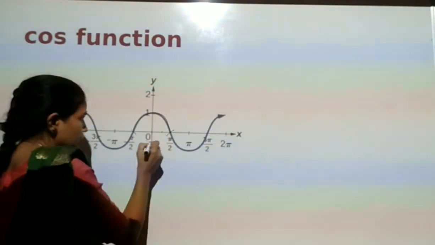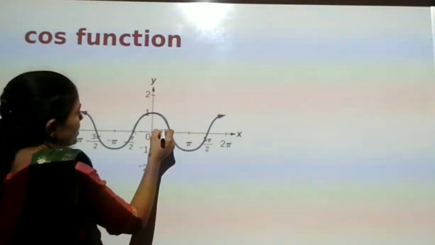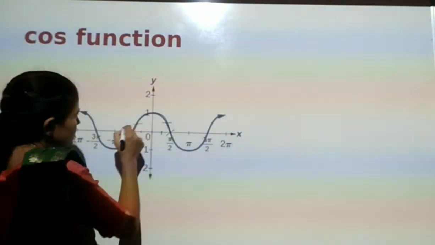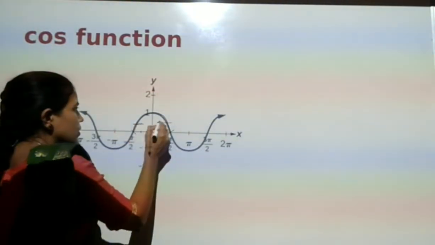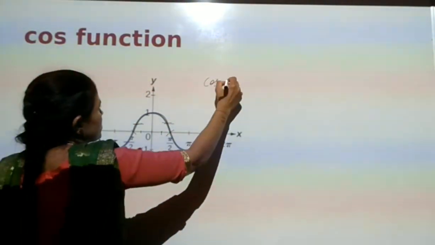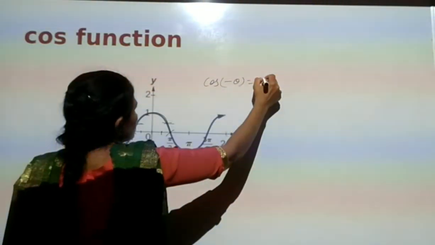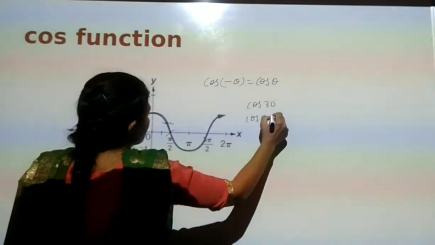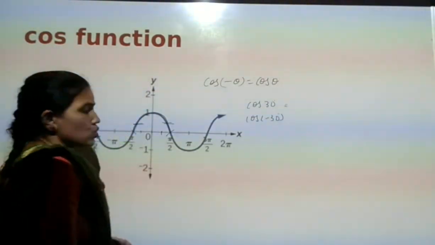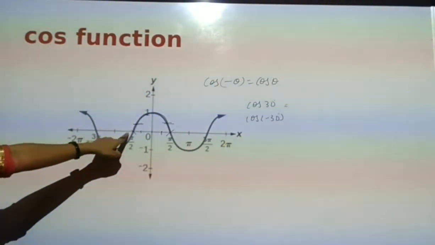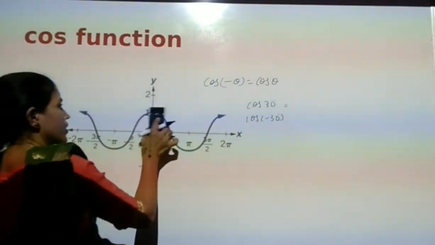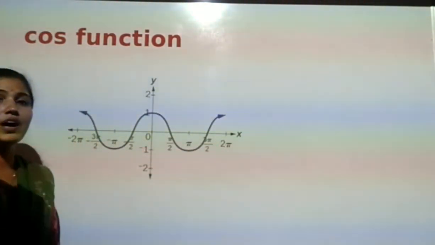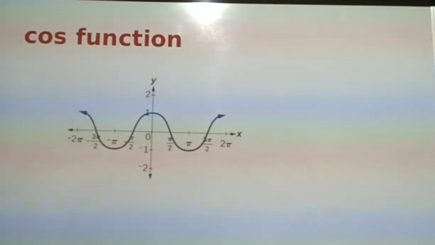Because at this point you can take 30 degrees here, and you will get this point. We know that cos minus theta equals cos theta. So cos 30 degrees is the same as cos minus 30 degrees. That's why this interval we cannot consider. You have to consider an interval where the value of cos does not repeat.